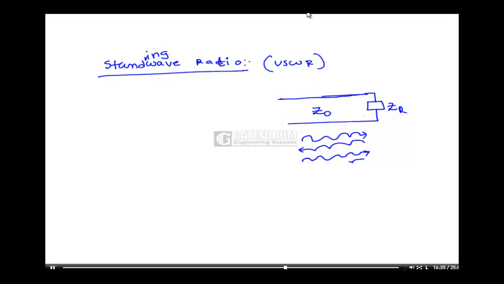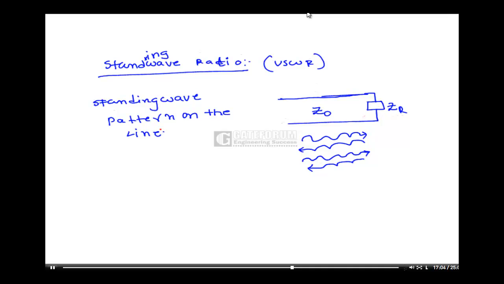Like this the procedure continues. So after some time, as time tends to infinity, this forms a standing wave pattern on the line.